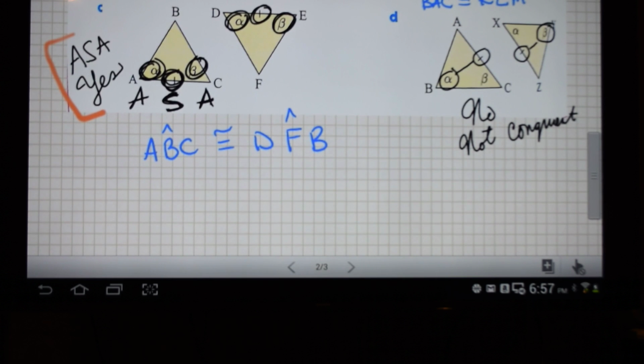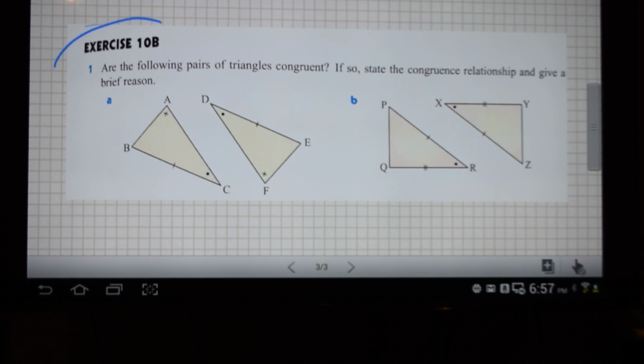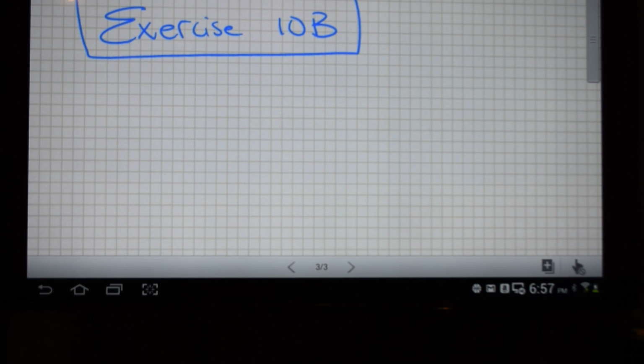So anyway, you're going to do exercise 10B. Make sure you also do 10A from the first page. You can maybe pick a column if you want. Actually, that's kind of a lot.